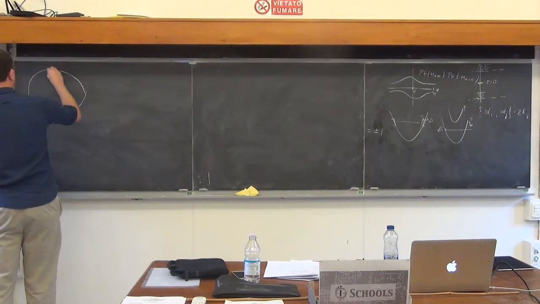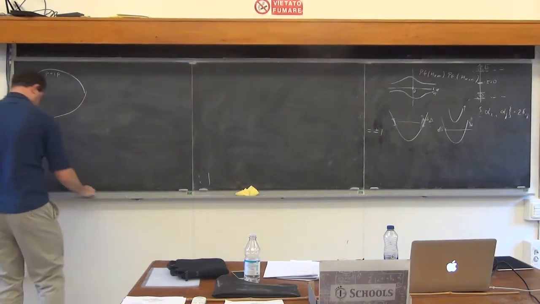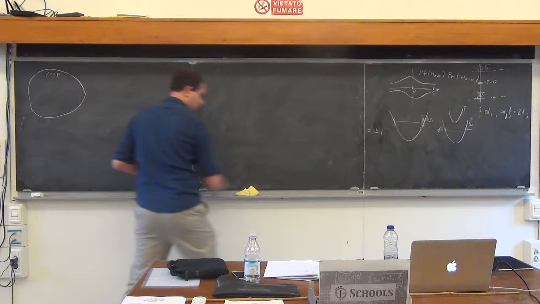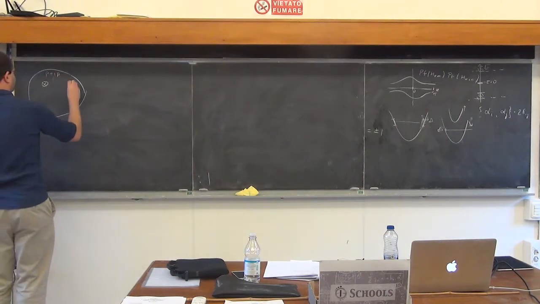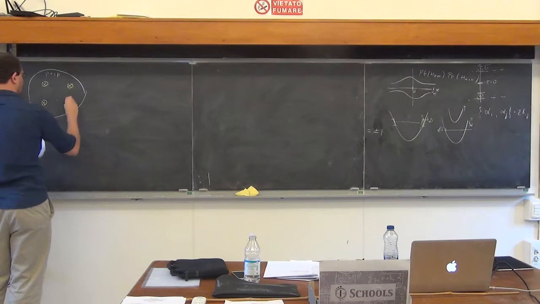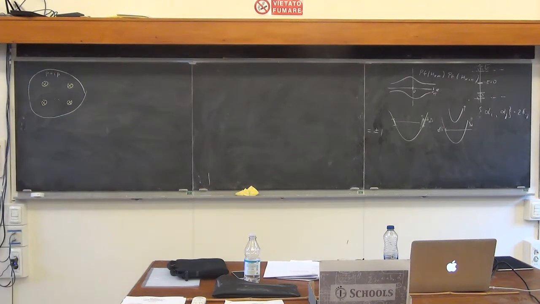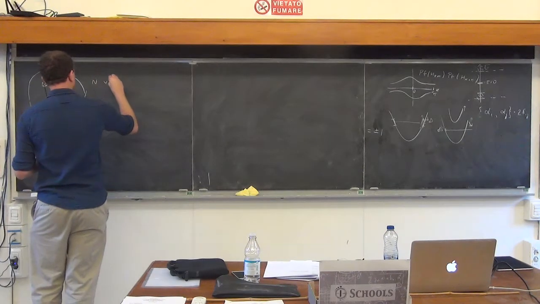The first is a p plus ip superconductor, which was actually also already kind of alluded to in Cordian's lectures, in a slightly different context. So you have this disk of a p plus ip superconductor, and it has n vortices in it.